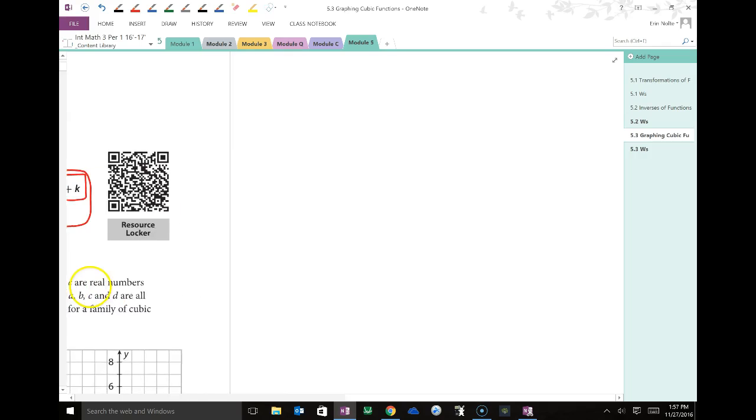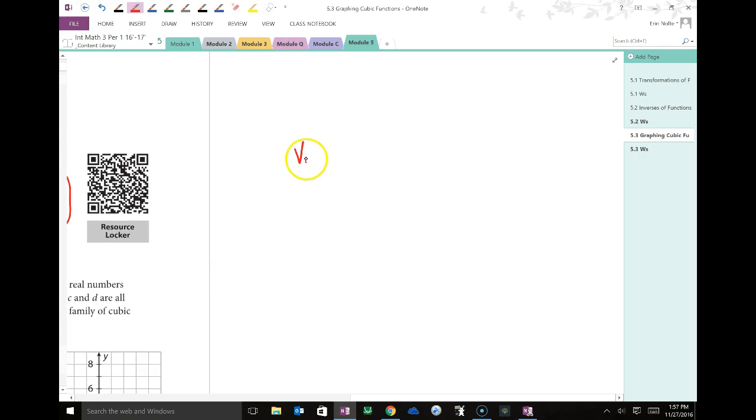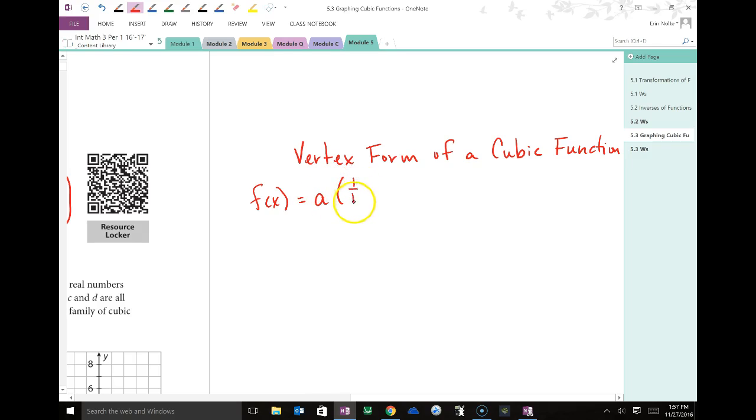So we're going to call this vertex form of a cubic function. It goes f of x is equal to a times 1 over b, x minus h cubed plus k.